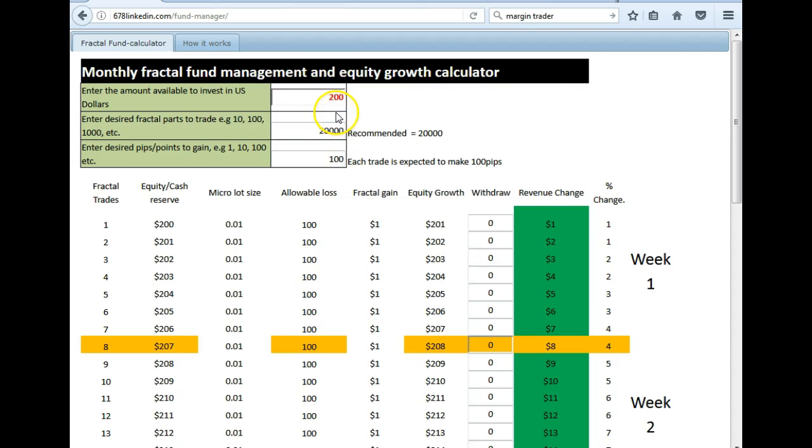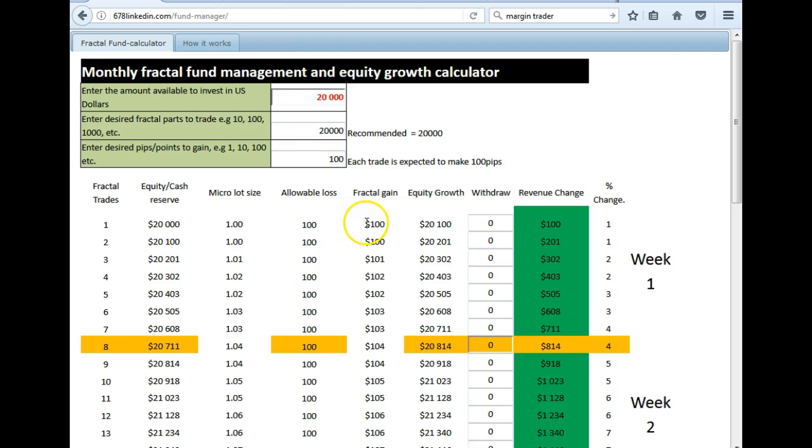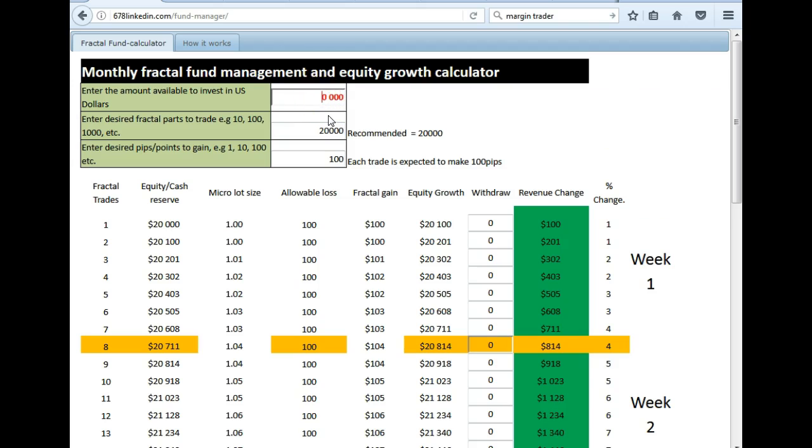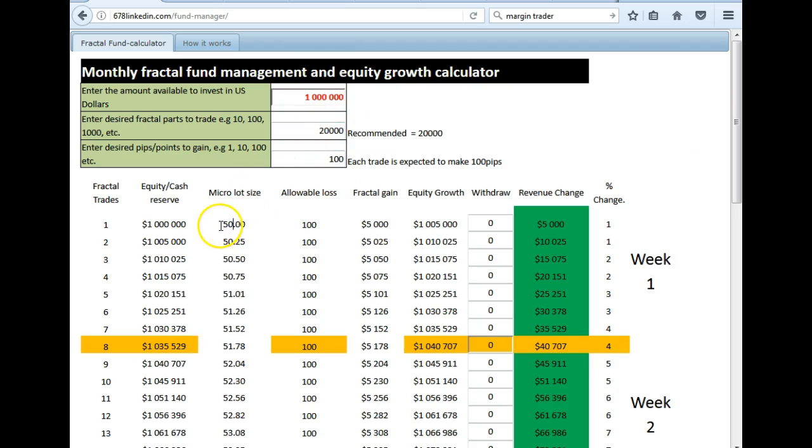If, for example, your account was 20,000, you will be making $100 because the micro lot size will be one standard micro lot size. If, for example, your account was 1 million, as I trade my small amount, it will be trading on your behalf 50 lots.